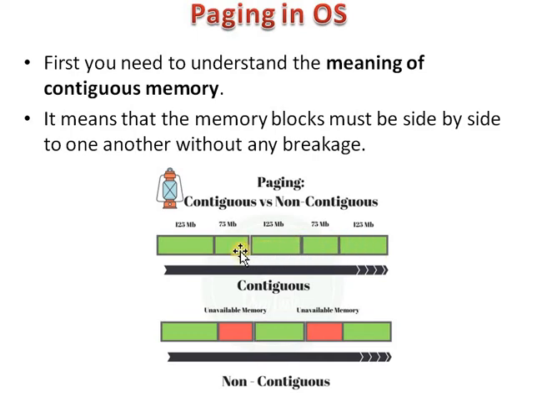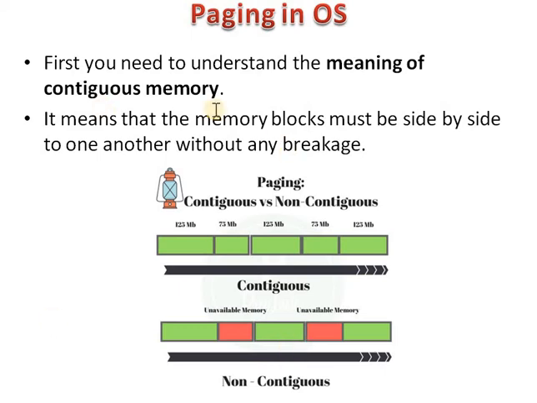The memory blocks created for storing the data are side by side to one another without any breakage. This is a continuous memory.